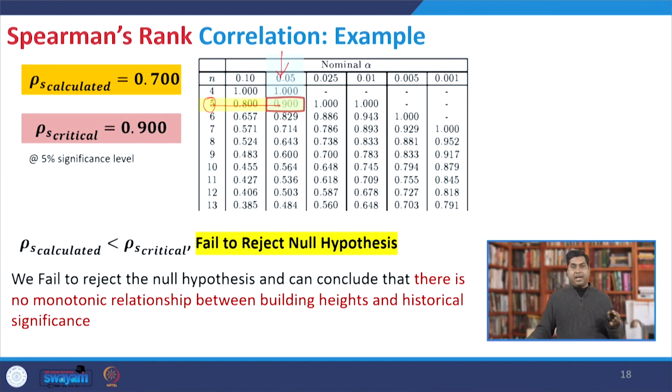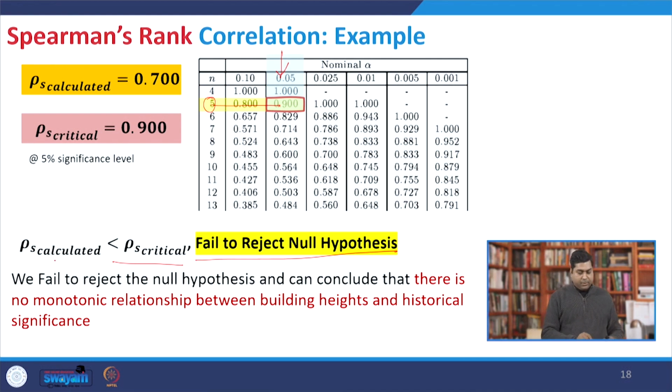In the earlier case our calculated value was 4.5 and it was more than 3.8, but here it is less than the critical value. With the given set of observations and the significance level, we fail to reject the null hypothesis.